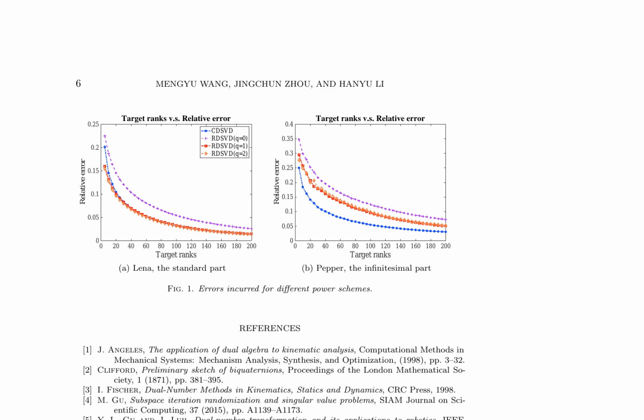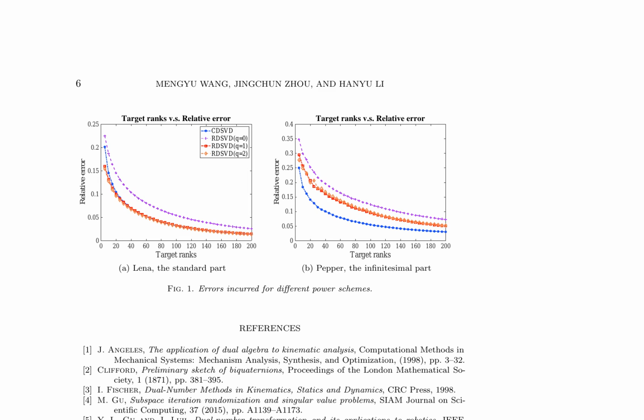This page presents a comparative analysis of error rates for different power schemes in the context of dual-numbered matrices and their low-rank approximations. The authors compare the CDS-VD, RDS-VD with q equals 0, RDS-VD with q equals 1, and RDS-VD with q equals 2 methods, illustrating the relative errors as a function of target ranks for both the standard part and the infinitesimal part of the dual matrices.